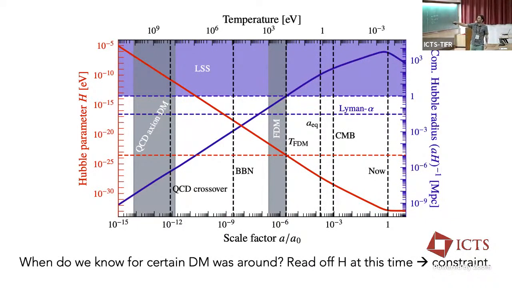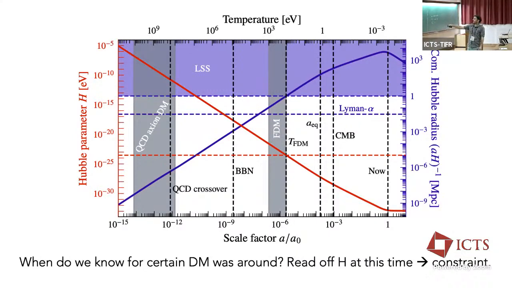You go, okay, I absolutely definitely have to be behaving like dark matter at the CMB. Here's the CMB. CMB is temperatures just below 1 electron volt, and a scale factor of about 10 to the minus 3, redshift 1100. What's the Hubble factor there? Hubble factor there is about 10 to the minus 28 electron volts. The mass should damn well better be larger than 10 to the minus 28 electron volts if I'm going to be a significant fraction of the dark matter.